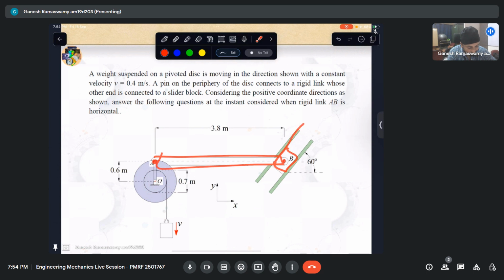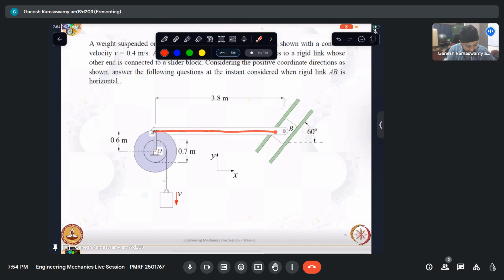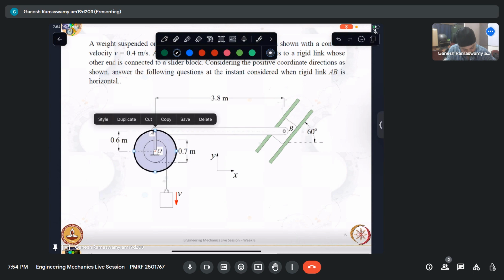With the positive coordinate axis shown, calculate the following when this rigid link is horizontal. Some moments before, this point A would have been here.